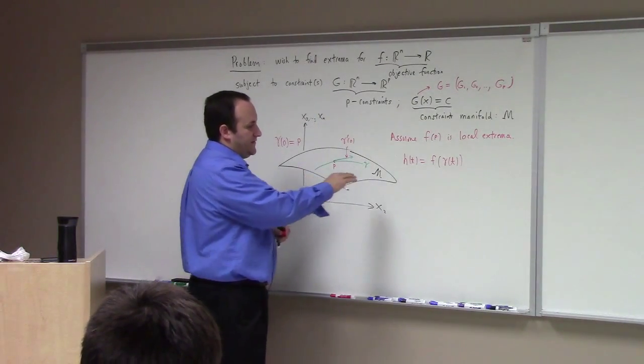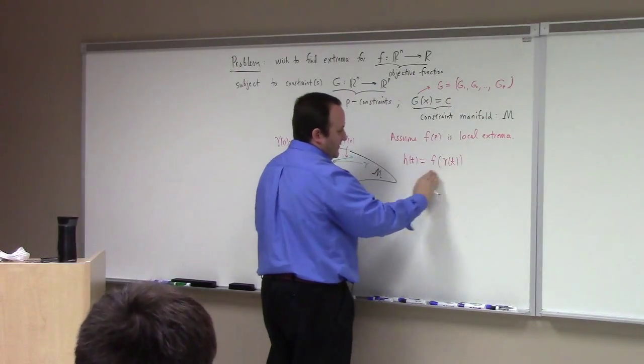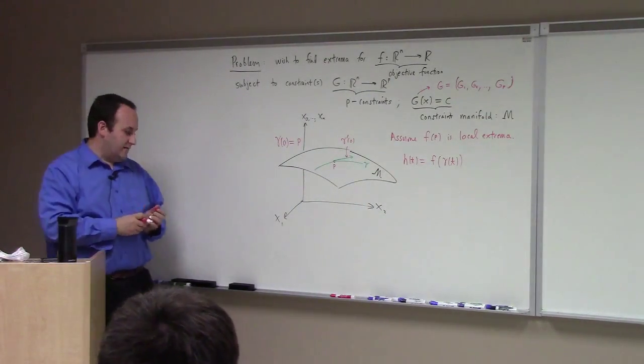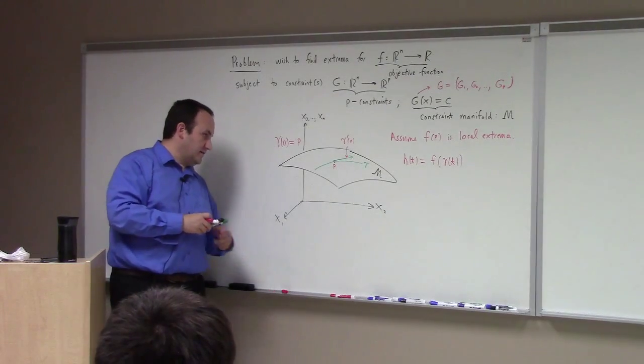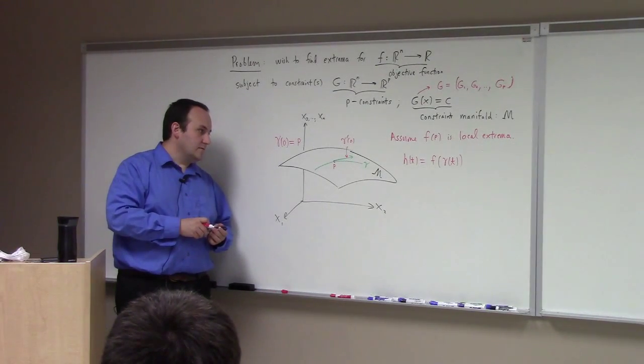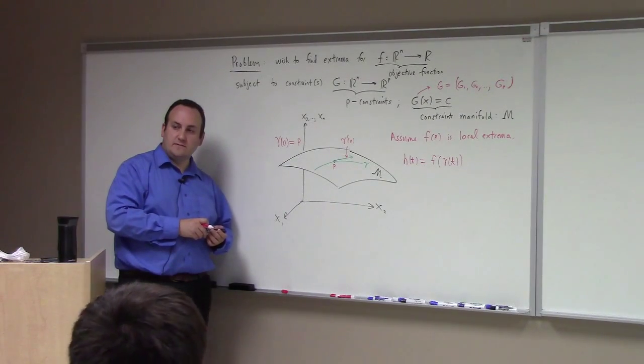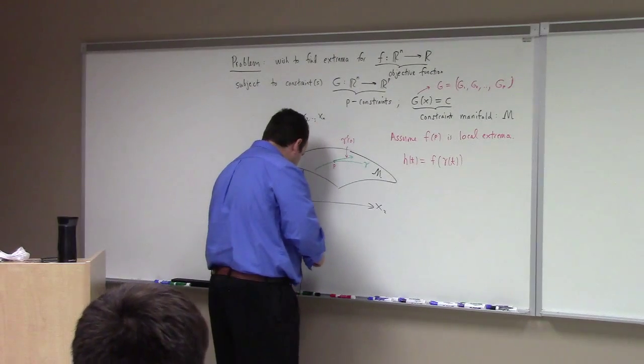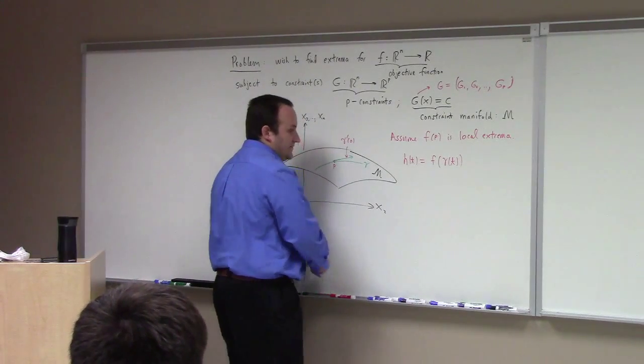So this function here is a restriction of the objective function to the curve. What can you say about h of 0? It's the extreme value.